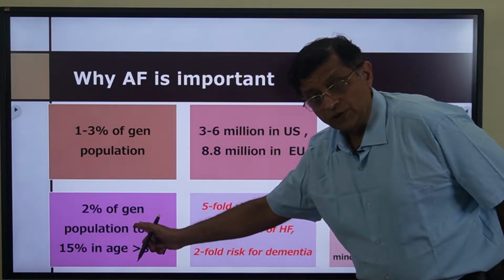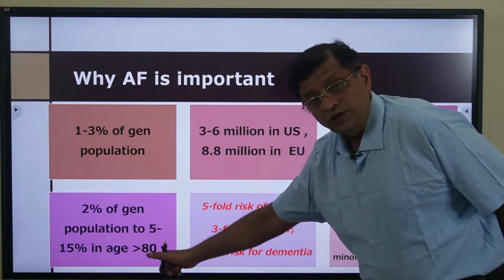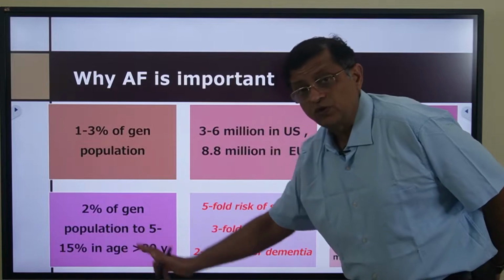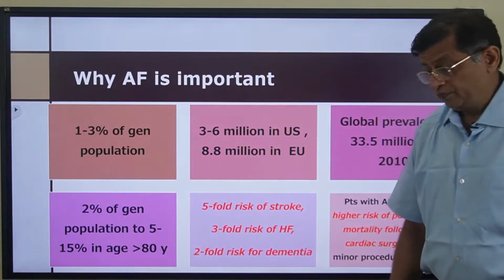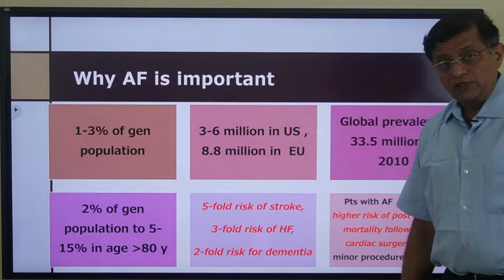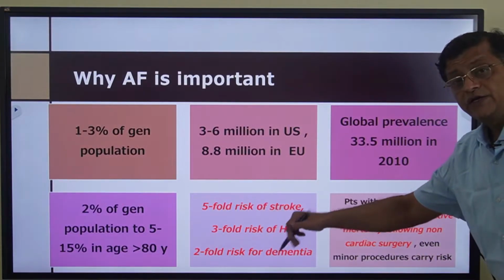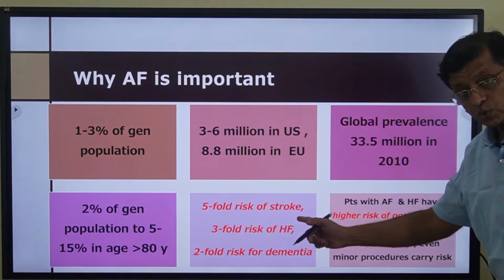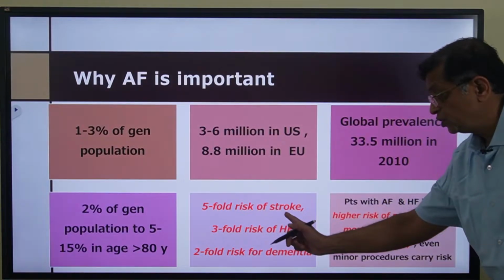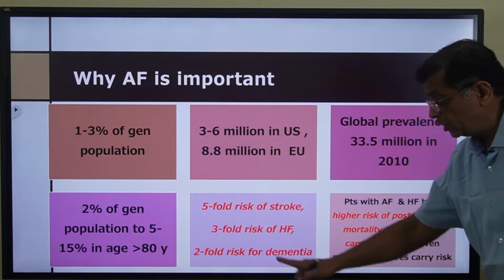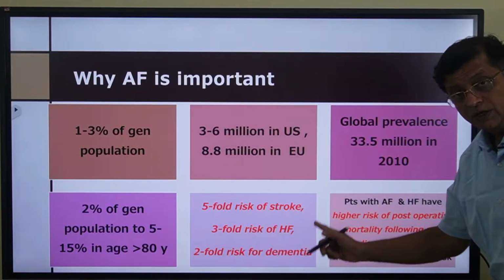2% of the general population, and above 80 years of age, 5 to 15% of people will have AF. The dangerous thing is that with AF, there is a 5 times increased chance of developing a stroke, 3 times increased chance of developing heart failure, and 2 times increased chance of developing dementia.